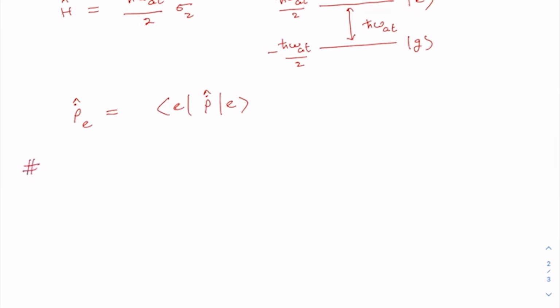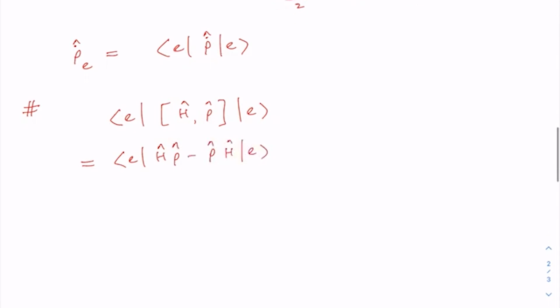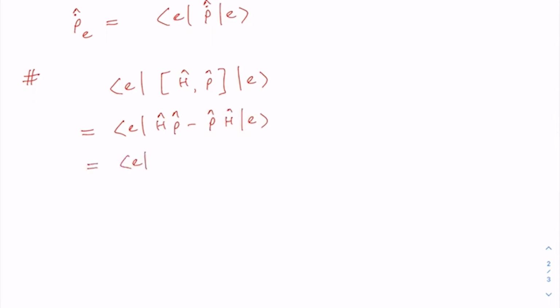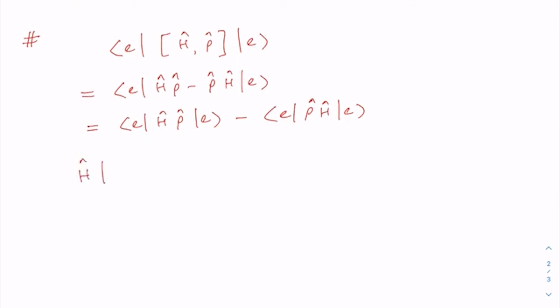So first term we have here is <e|. Let me first calculate <e|[H, rho]|e>, and if I open it up, it would be <e|H rho|e> minus <e|rho H|e>. Now you know that H|e> is equal to, the Hamiltonian is h cross omega atom by 2 sigma z |e>.